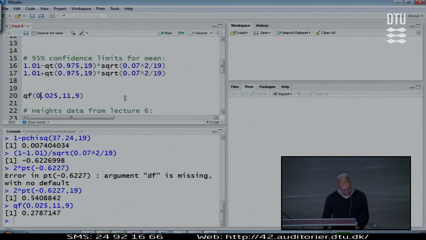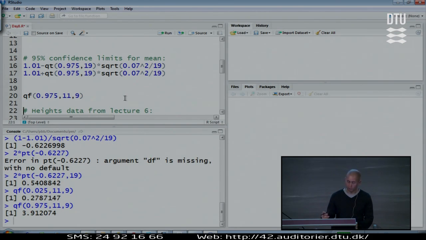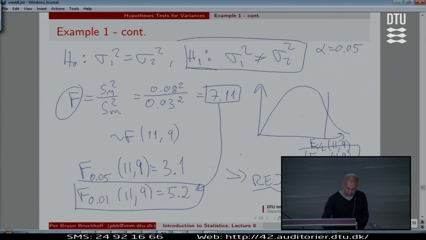and now I made the classical mistake. Because it has the opposite notation, to find the 2.5% point, I should specify 97.5% here to achieve that the 2.5% point of the relevant F, of the 11, 9, is 3.91. It's 3.9, right?